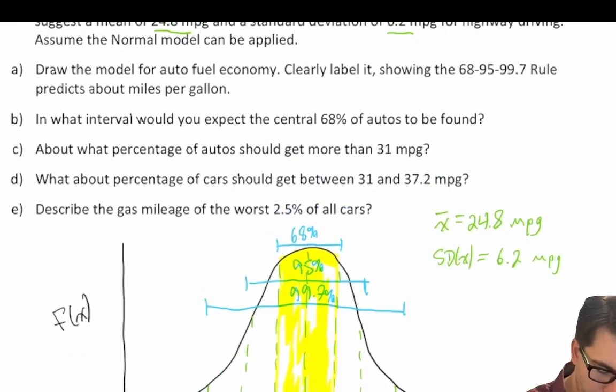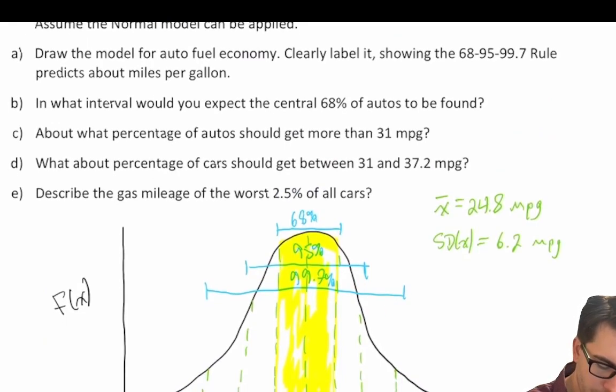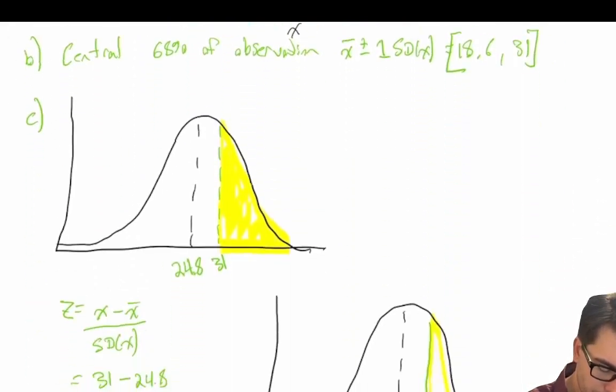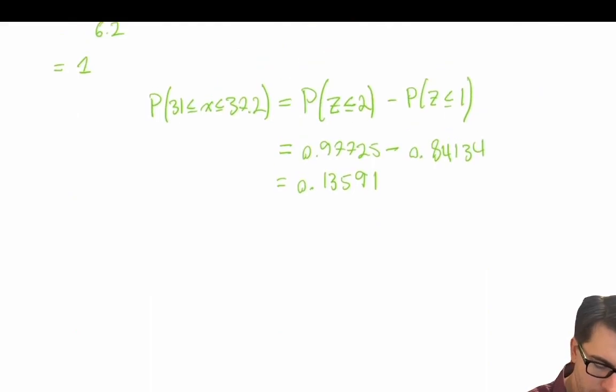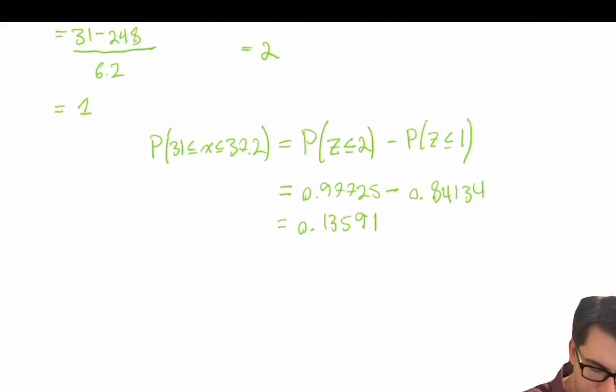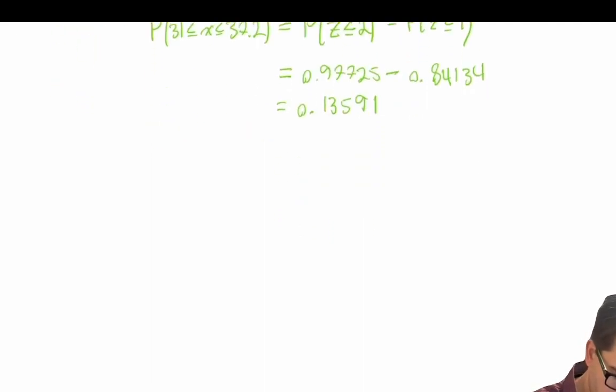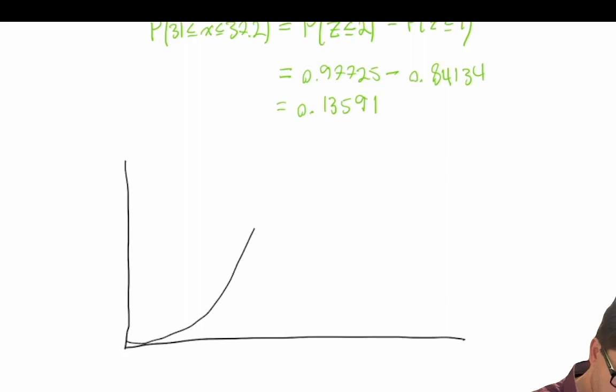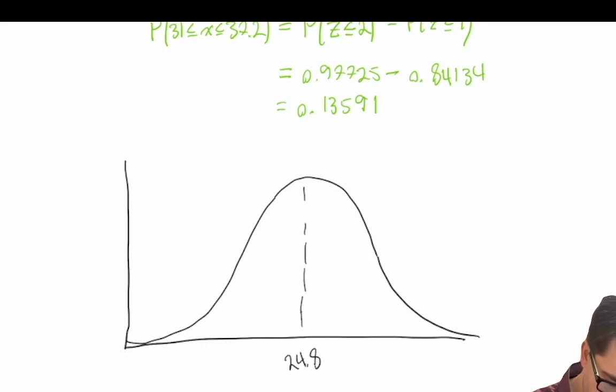And then finally, describe the gas mileage of the worst 2.5% of all cars. Okay, so this is a little bit different. The worst 2.5%. So let's go ahead and draw it out. We have our normal distribution. Again, we're centered around 24.8 miles per gallon.